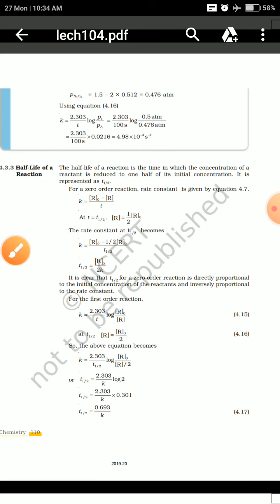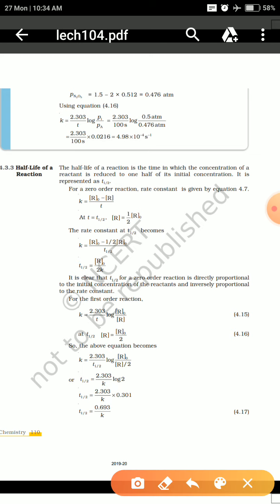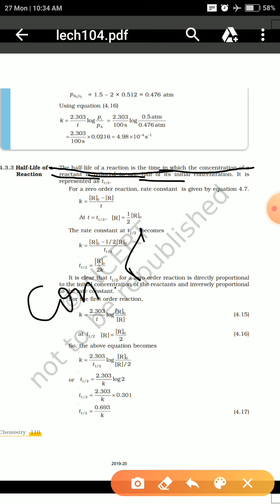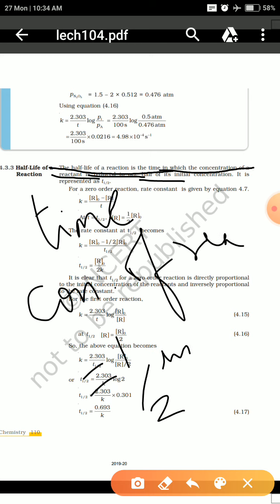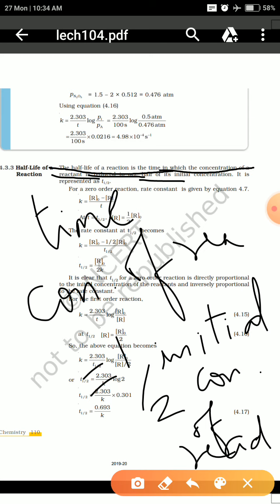So, what is actually the half-life of a reaction? Half-life of a reaction is the time at which the concentration of the reactant is reduced to half of the initial concentration of the reactant.